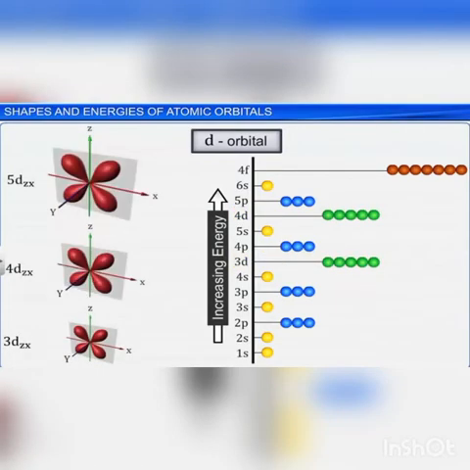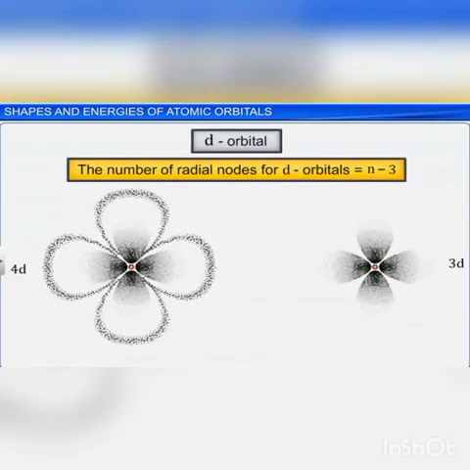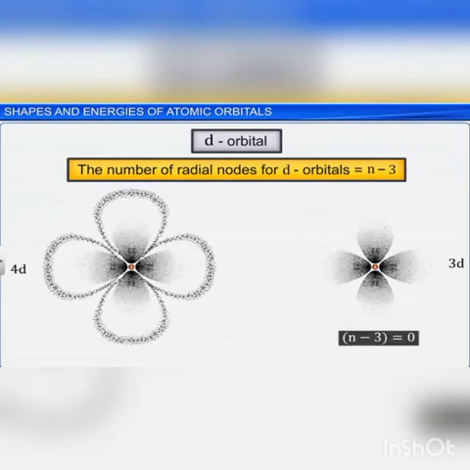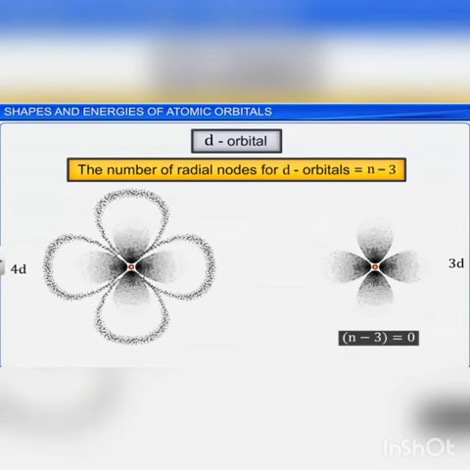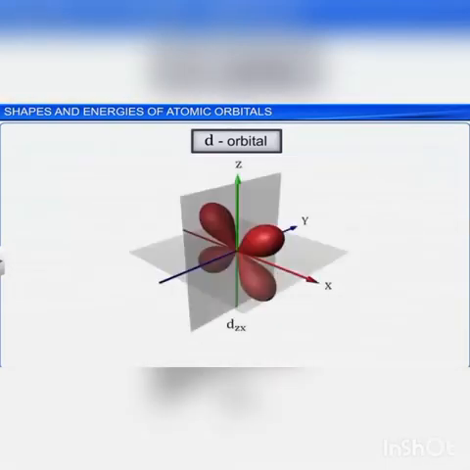The number of radial nodes for d orbitals is given by the expression n-3. Therefore, the number of radial nodes is 0 for 3d orbital, 1 for 4d orbital, and so on. On the other hand, the number of angular nodes is equal to the value of l, that is 2.